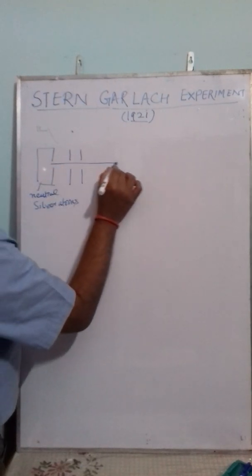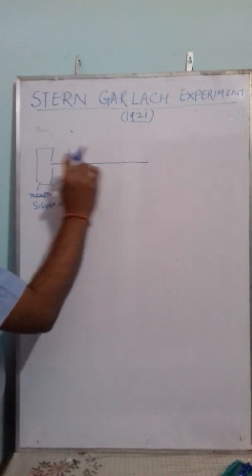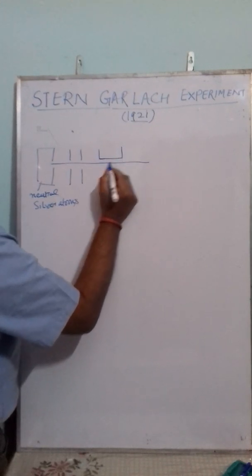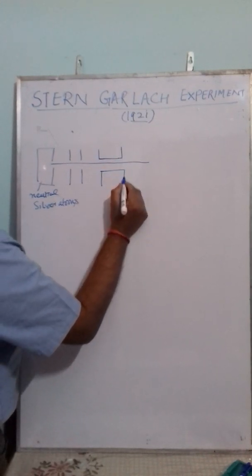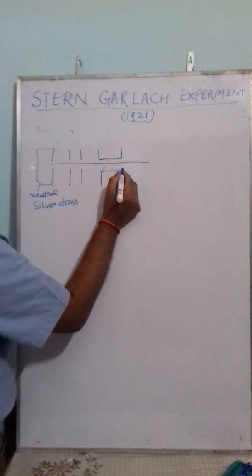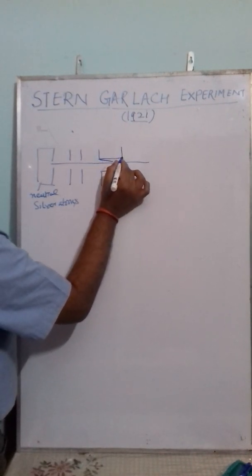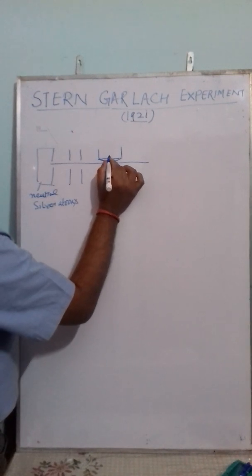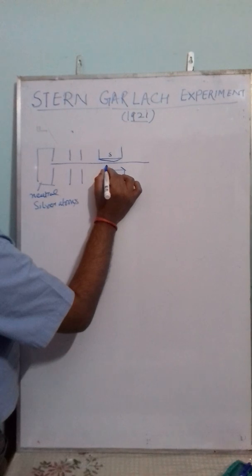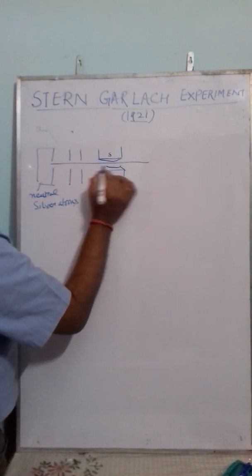and a collimated beam from this is allowed to pass through an inhomogeneous magnetic field. The inhomogeneous magnetic field means they have put poles like this. Suppose this is S, this is N, like this.